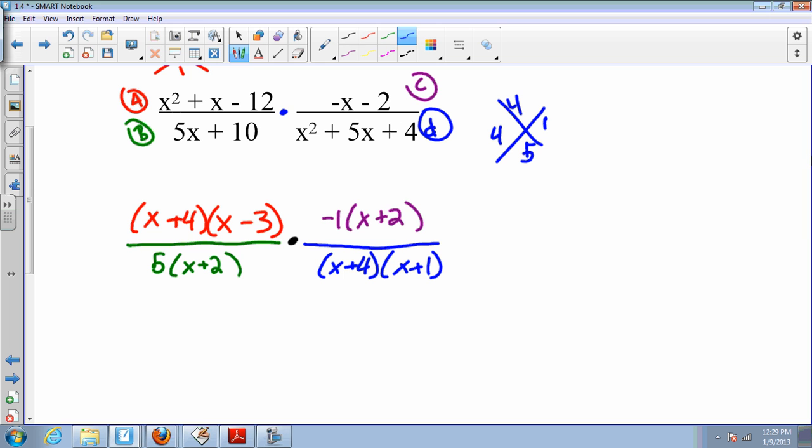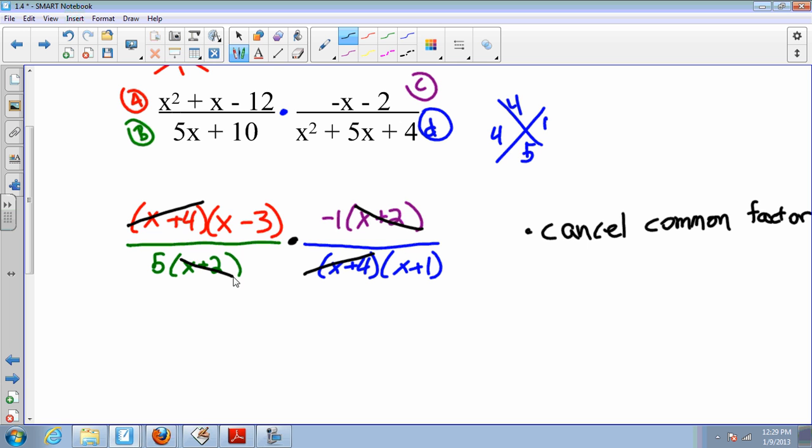Everything is now in factored form. You look for common factors to cancel. Remember, one factor needs to be in the numerator, the other must be in the denominator. So we see an x plus 4, top and bottom, they cancel. Also see an x plus 2 and x plus 2.